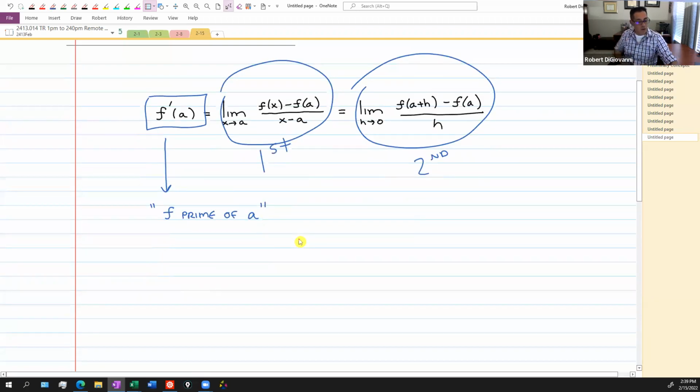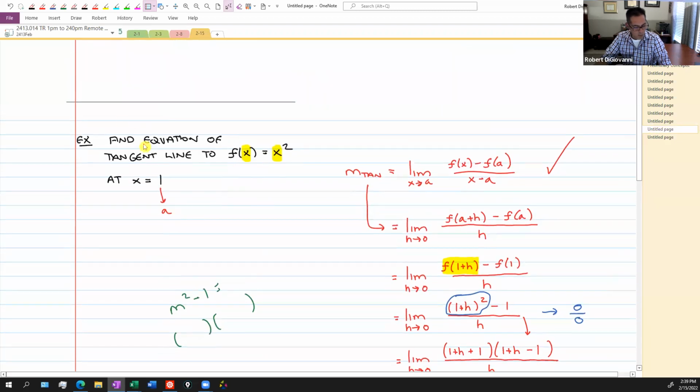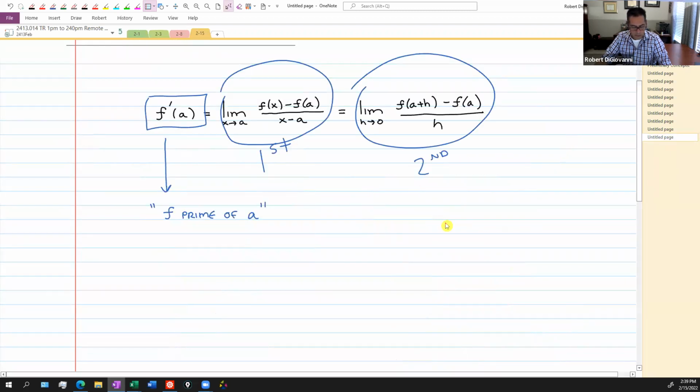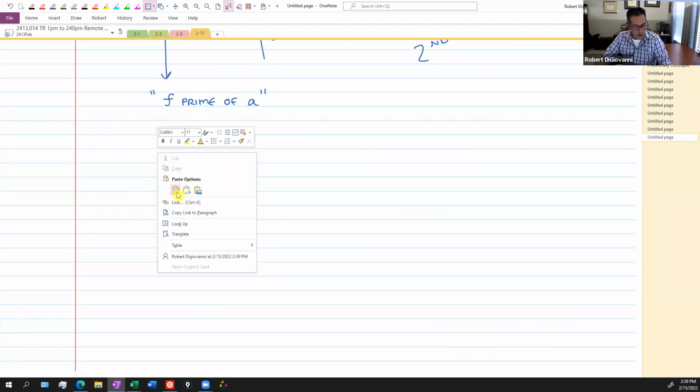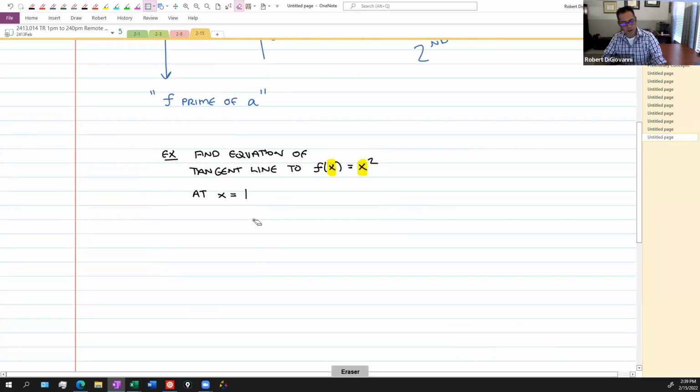So just to make sure you understand, here is the problem we just did. If I ask you to find the slope of the tangent line, what I could also do is this.